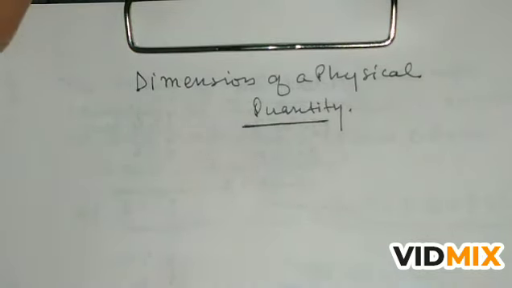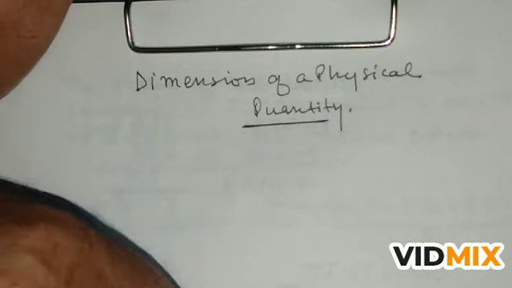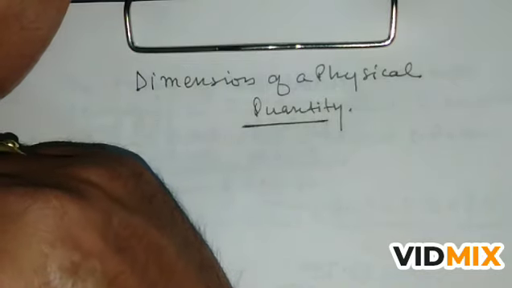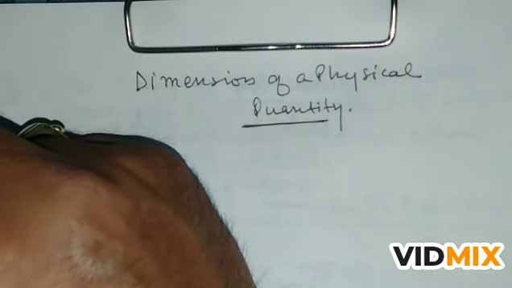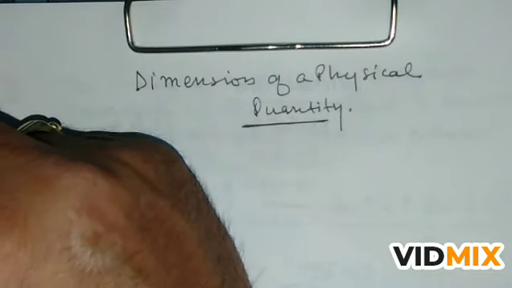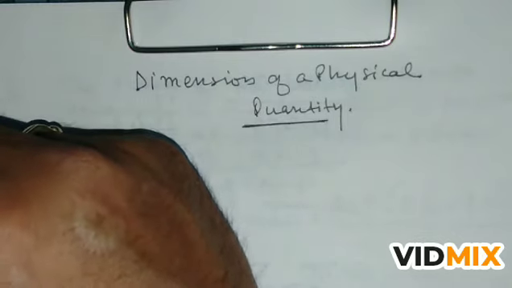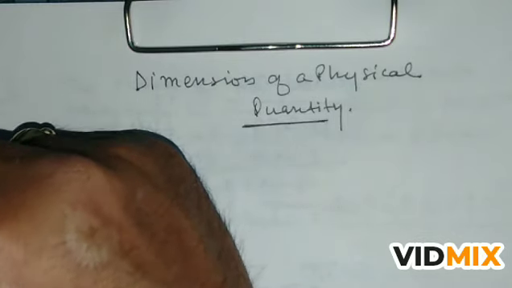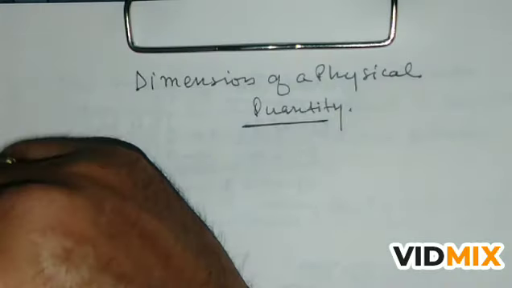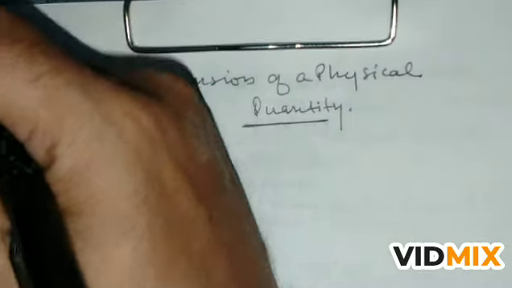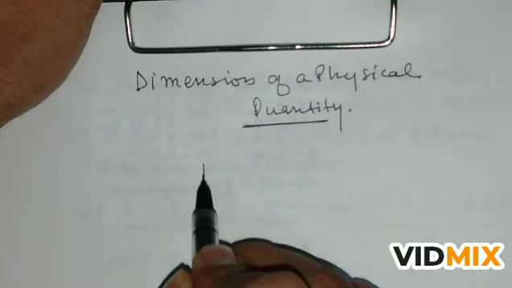Now what is this dimension of physical quantity? What does it mean? When a derived quantity is expressed in terms of fundamental quantities, it is written as a product of different powers of the fundamental quantities, and the power to which fundamental quantities must be raised in order to express the given physical quantity is called its dimension. Suppose I have written the formula for the force.